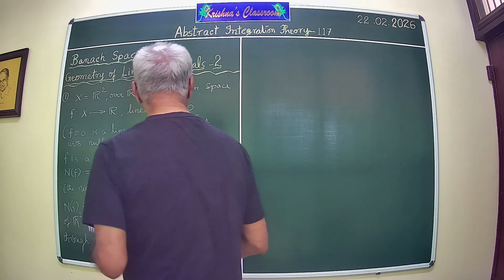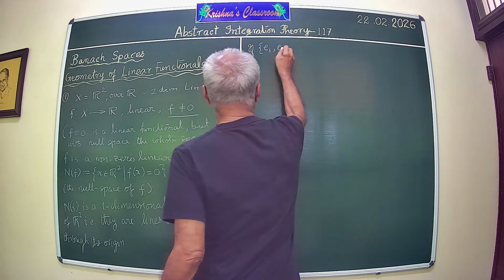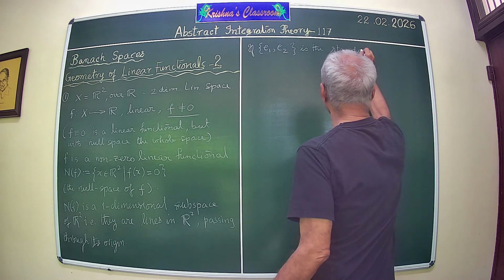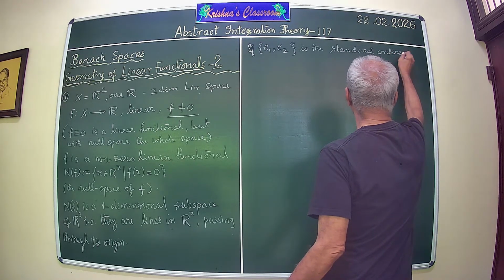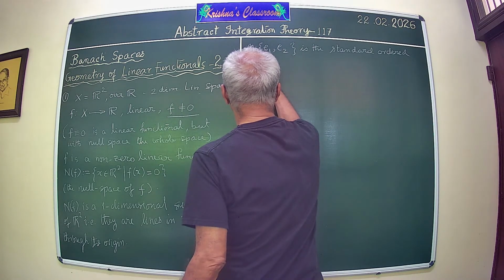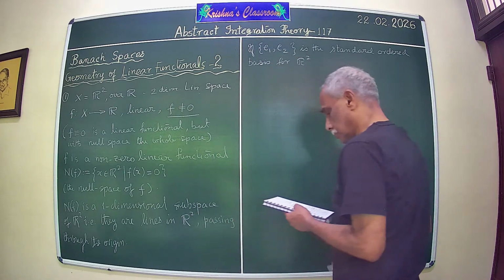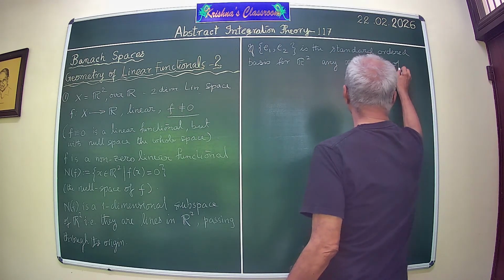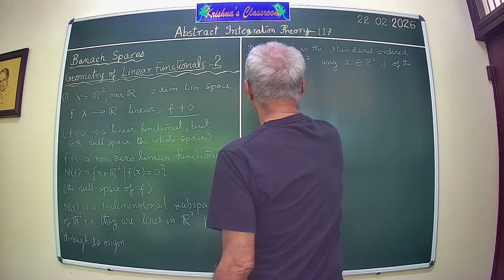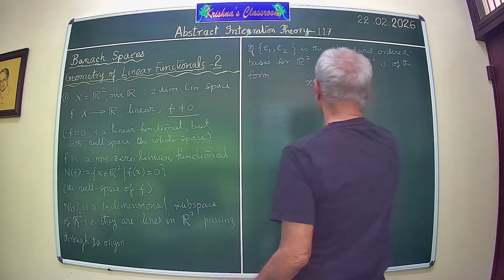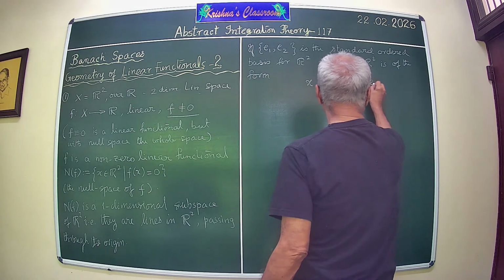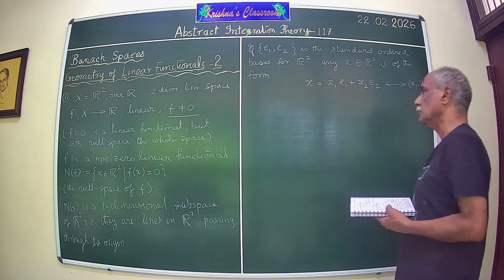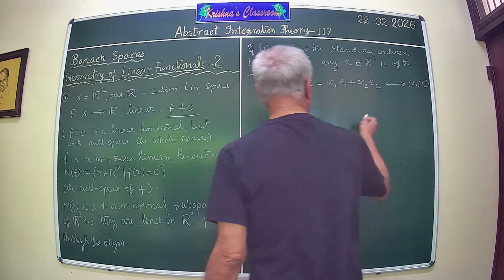Now it's easy to see this. If e1, e2 is the standard ordered basis for R2, any x in R2 is of the form x equals x1 e1 plus x2 e2, and we identify this with the ordered pair x1, x2. These are the coordinates of x.